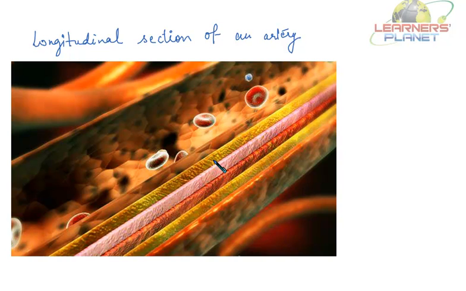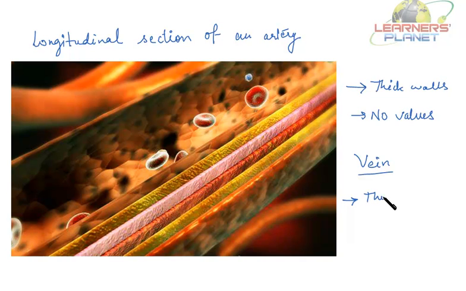This longitudinal section shows the thick walls and no valves. Remember, the section of an artery has thick walls and no valves. In the same way, there are veins which are an inevitable part of the circulatory system.